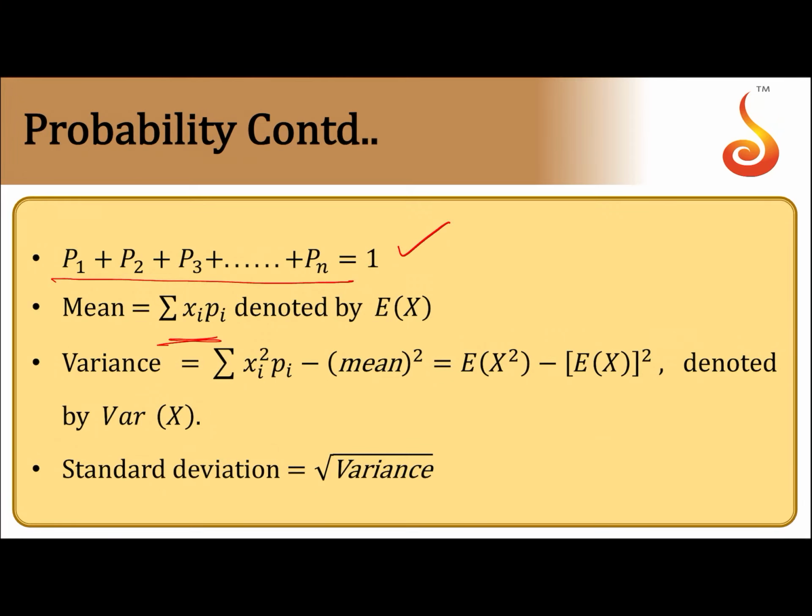The mean of the random variable is given by the sum of xi pi, which is the expectation of X, and the variance is given by the sum of xi square into pi minus mu square. Mu square is the mean square, and the variance is the expectation of X square minus the expectation of X whole square. Of course, the standard deviation is the square root of the variance. We know this from the basic formula.